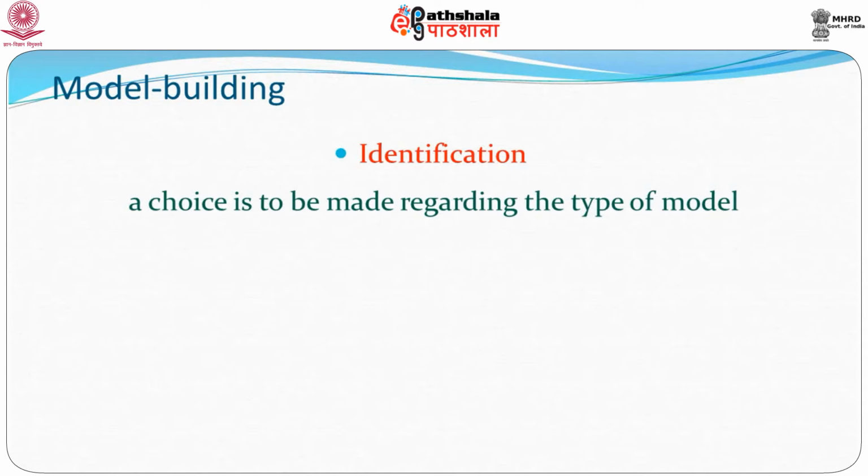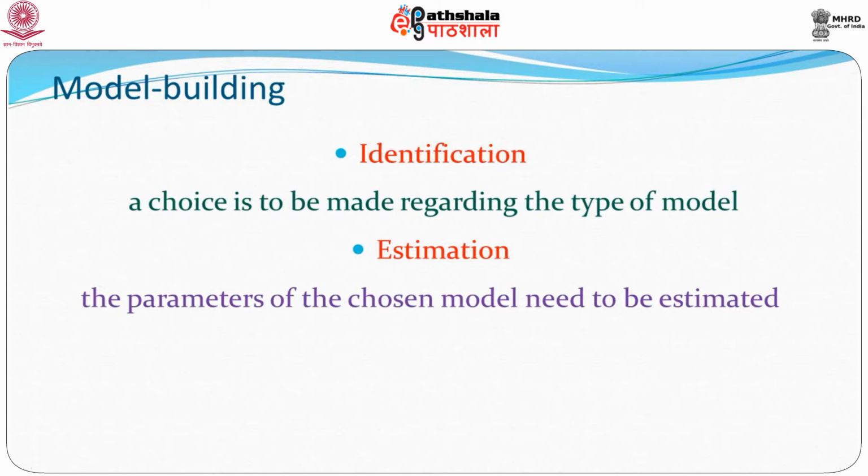There will be several candidate models, and we will have to identify the best model for our data. Once we have identified the model, then we have to estimate its parameters. So, for example, we select that it should be an AR model of order 3, then we will have to look at the 3 parameters of the AR model and how to estimate them. We will also need to estimate the variance parameter. So, the estimation part would come in.